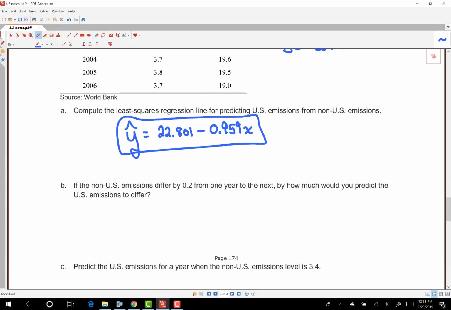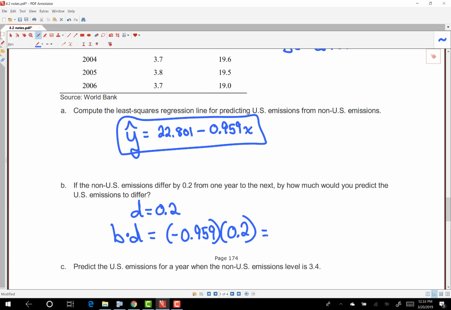If the non-U.S. emissions differ by 0.2 from one year to the next, by how much would you predict the U.S. emissions to differ? Okay, so we're looking at that d being 0.2, and so we're going to take b times d. So your slope, which was negative 0.959, we're going to take that times d, which is 0.2.